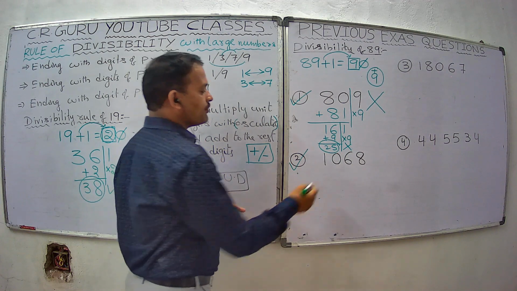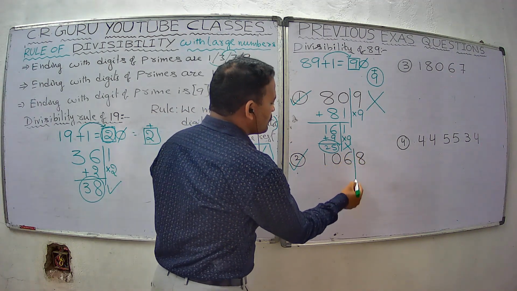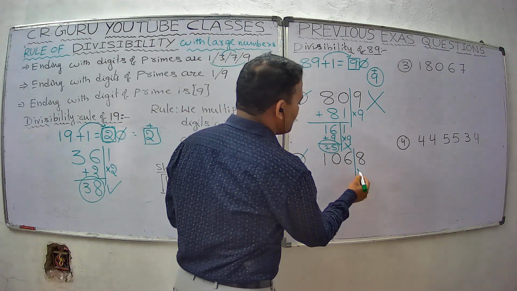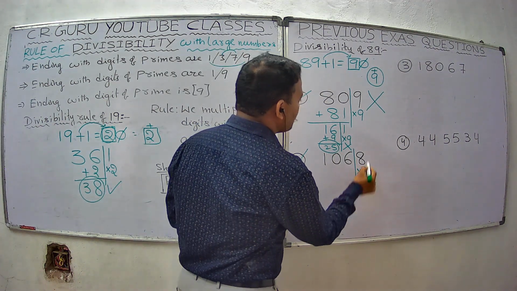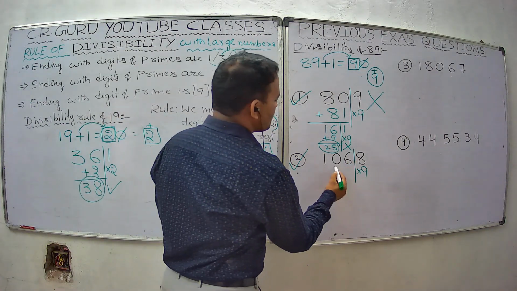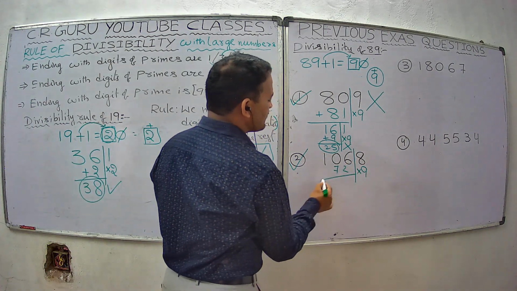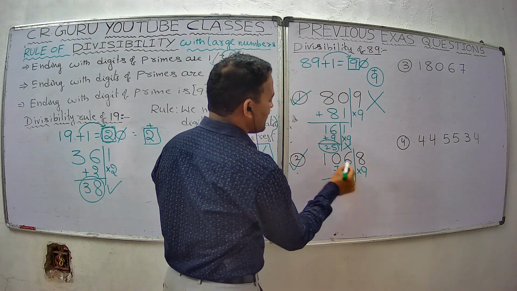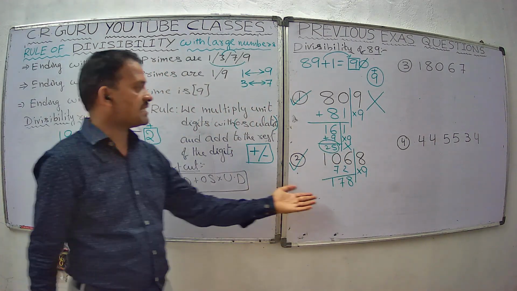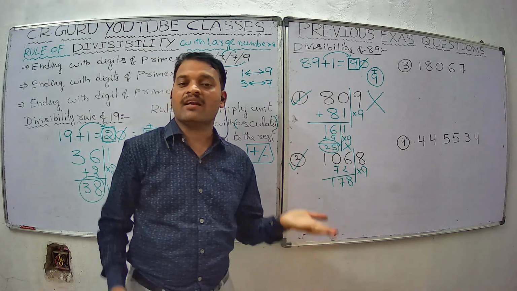See what is my process. First of all, you segregate the unit digit. The unit digit is multiplied with the oscillator, 9. 8 nines are 72, my dear friends. 6 plus 2 is nothing but 8. So 178. Whether 178 is divisible by 89 or not, I don't know.